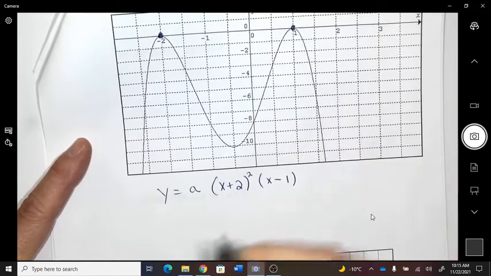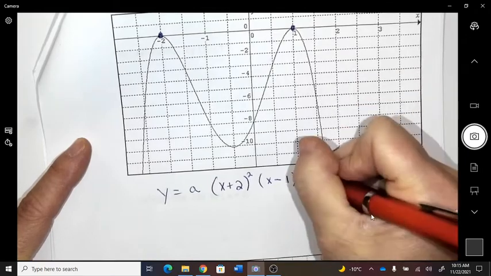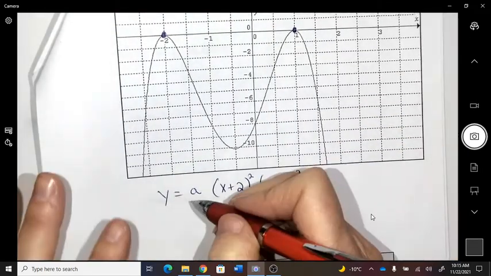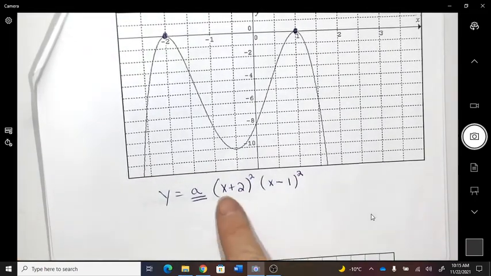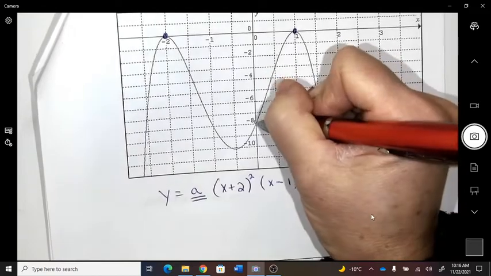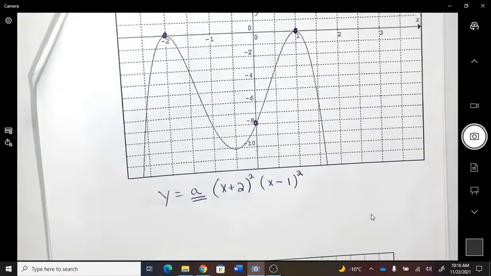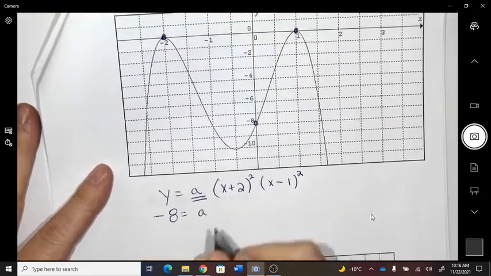X minus 1, and it's a bounce, so it's a square. Okay, now I need to determine this a value. So if I was to input 0 in here, I need to get a result of -8. I already in my head know that this number should be negative. Do you see that? Because the W shape is actually flipped. So I need to get a -8.